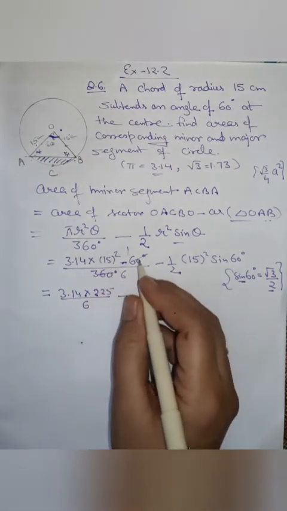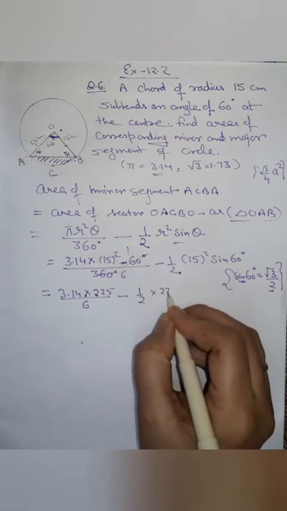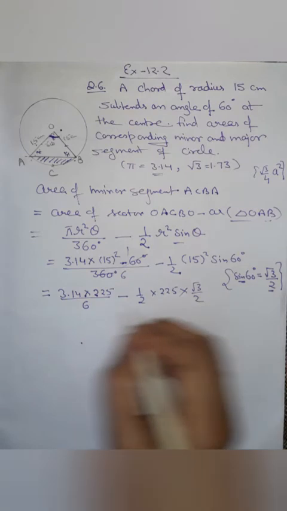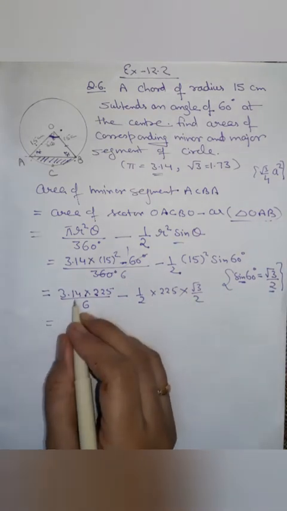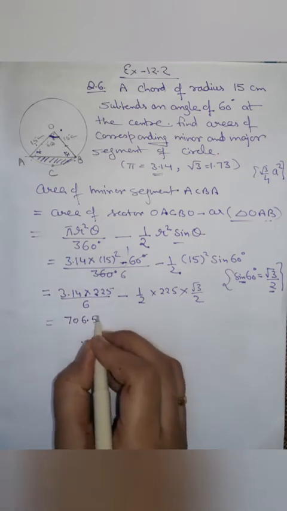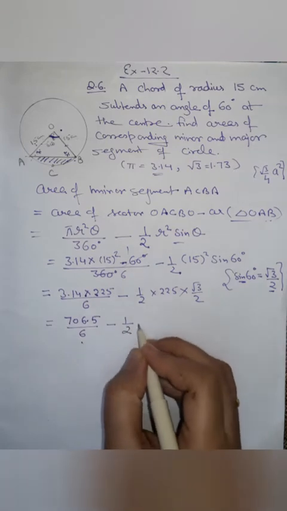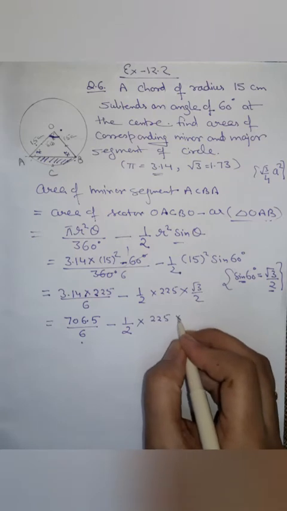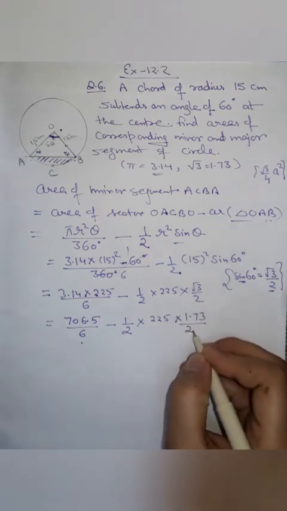15 square is 225, and 6 times 60 is 360, minus 1 by 2 multiplied by 225, and sine 60 we know is root 3 by 2. Now 3.14 multiplied by 225 upon 6, if we calculate, we will get 706.5 upon 6, minus 1 by 2, 225 root 3, where root 3 is given as 1.73, upon 2.